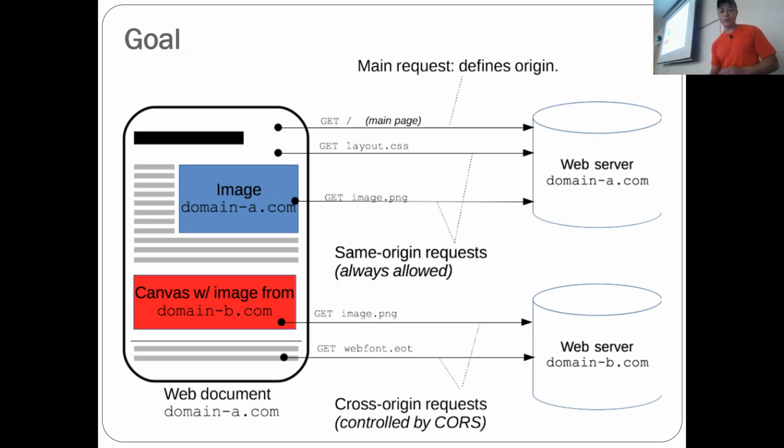So here's an example. You're interacting with this origin page, and then you want to be able to render canvases or run scripts that get access to the other site. And these are called cross-origin requests because you're crossing origins from domain A over to domain B.